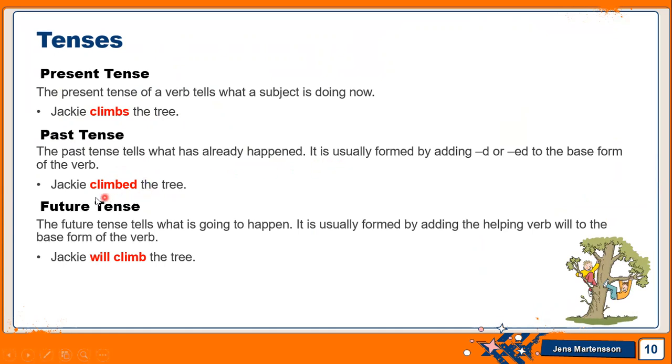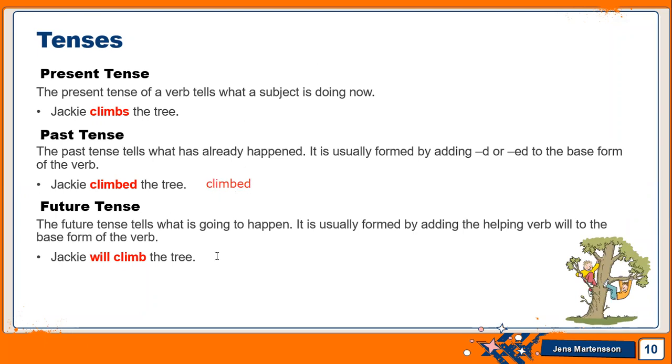This tense is usually formed by adding D or ED to the base form of the verb. The base form of the verb climbed is climb, to climb, okay? I added ED because I'm using it in the past tense.